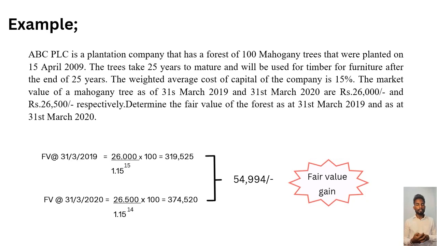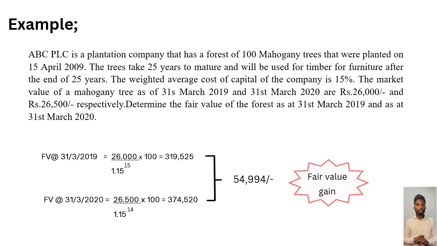As an example, ABC PLC is a plantation company that has a forest of 100 mahogany trees that were planted on 5th April 2009. The trees take 25 years to mature and will be used for timber for furniture after the end of 25 years. The weighted average cost of capital of the company is 15%.